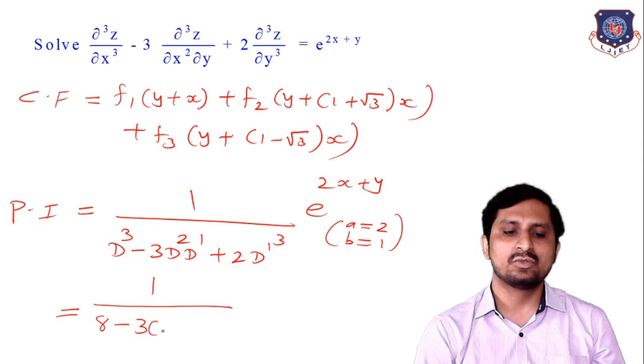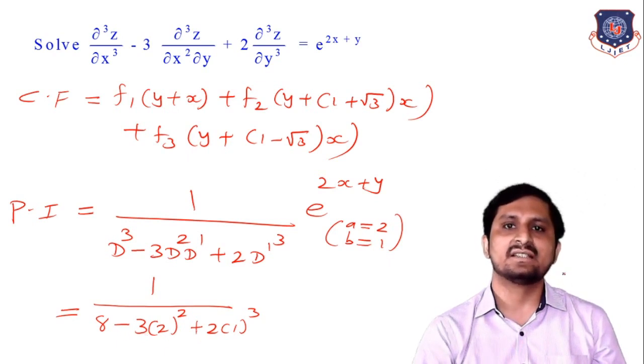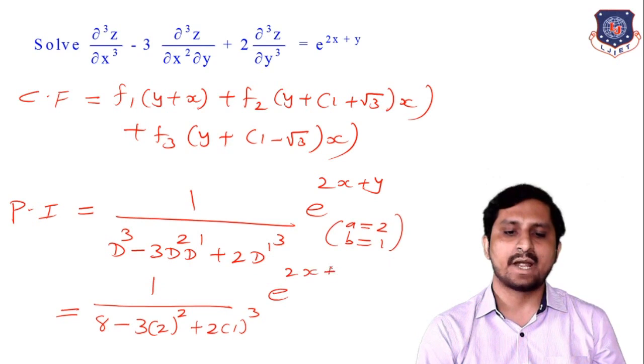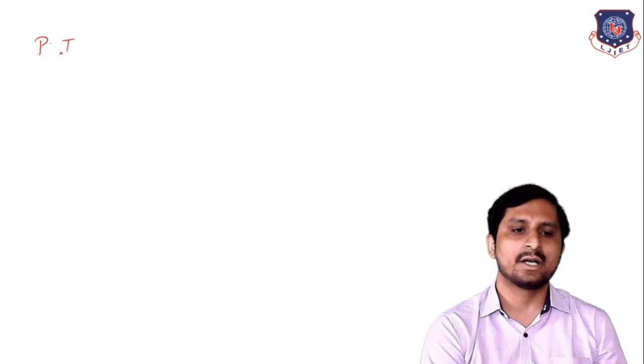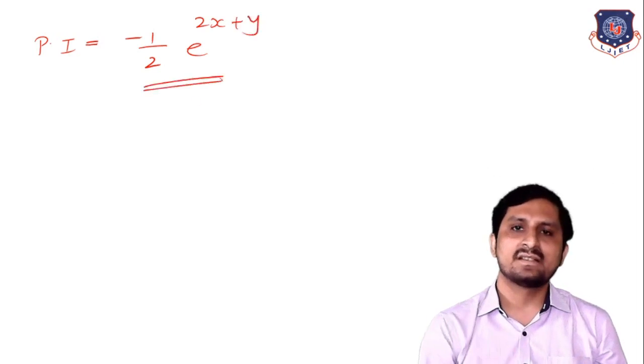So 1 upon 2 cubed, that is 8, minus 3 into 2 square into 1, plus 2 into 1 cubed. So 8 plus 2 is 10, and 4 into 3 is 12, so 10 minus 12 is minus 2. So our final answer is minus 1 by 2. The particular integral is minus 1 by 2 e raised to 2x plus y.